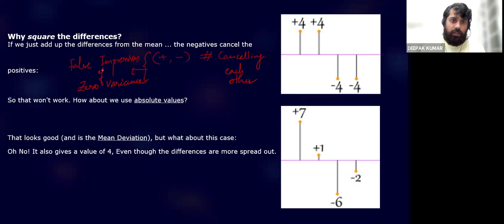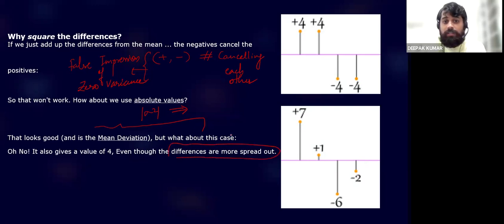Whereas when you went for the mean deviation, meaning going for absolute values, mod of sigma square, here it gives a value of 4, even though the differences are more spread out.